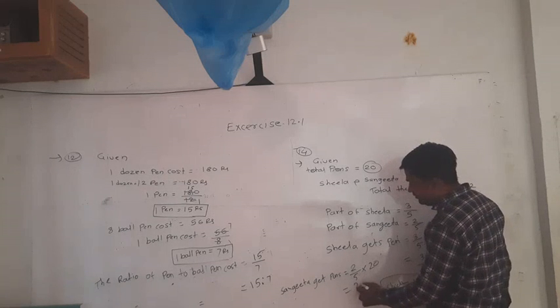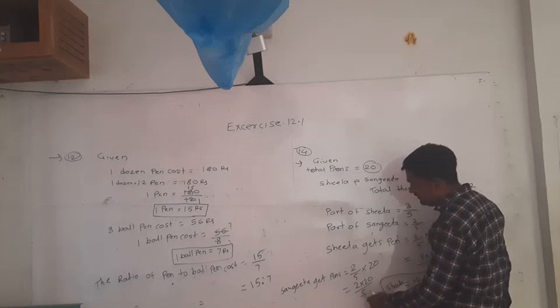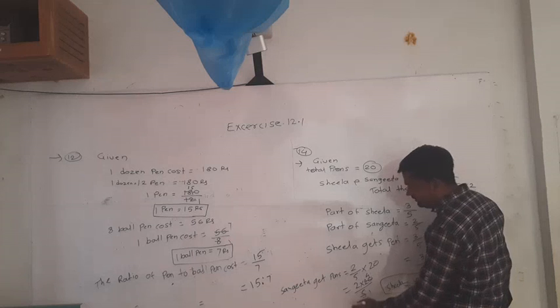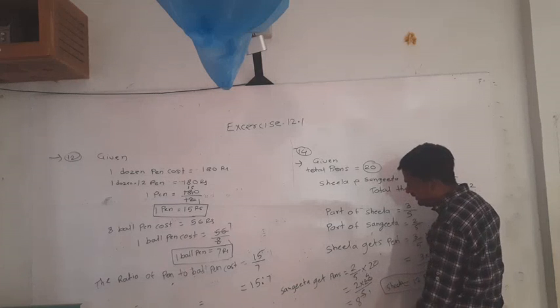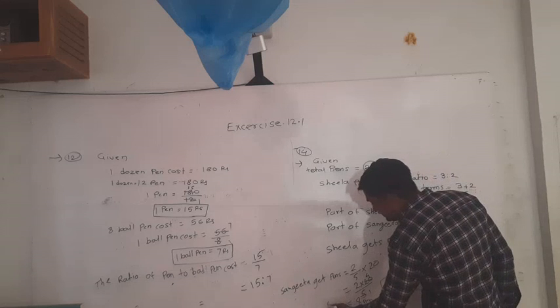Same, 2 into 20 divided by 5. 5 fours are 20. So how many pens did Sangeeta get?